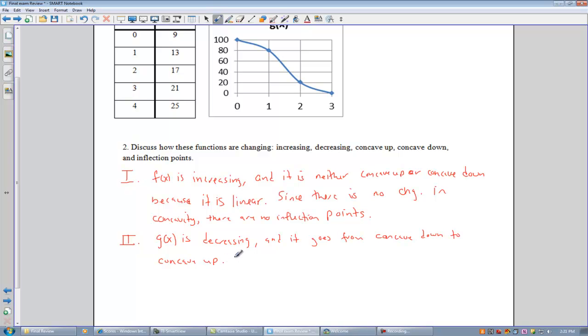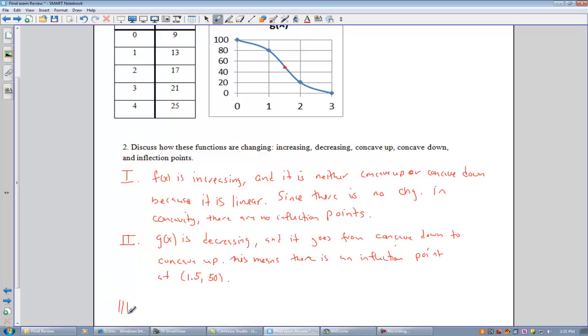So what this means is there is an inflection point, and it occurs at, well, you come up here and you can kind of look. So maybe right in the middle here, right about there, there might be an inflection point. It looks like the input is maybe 1.5, and the output looks to be about 50.